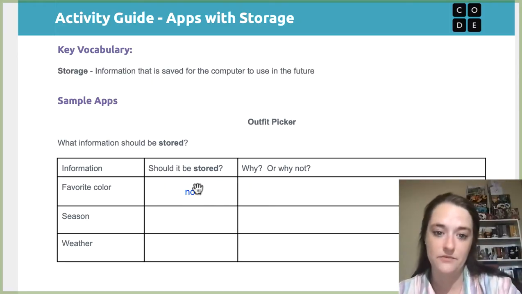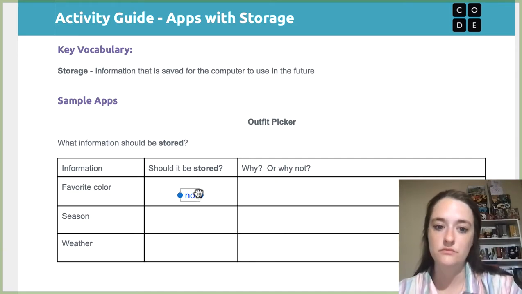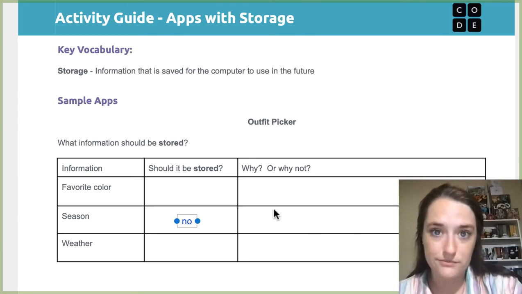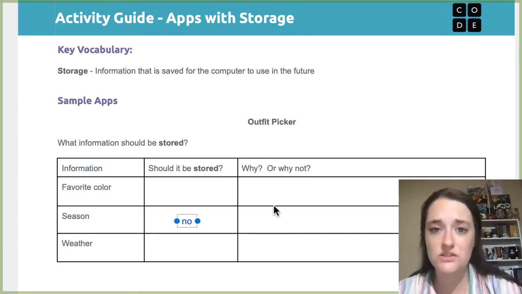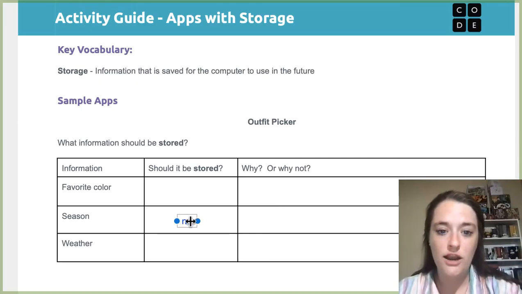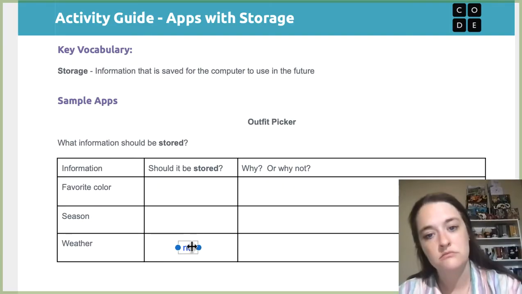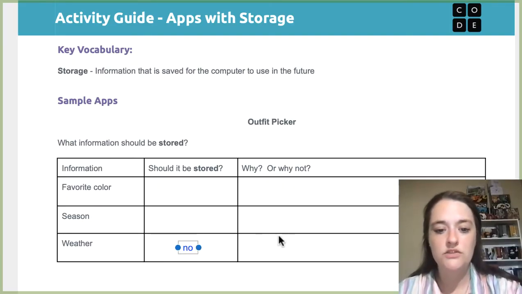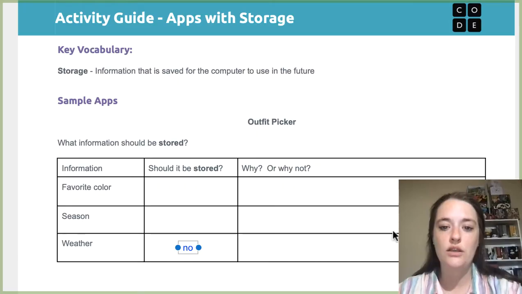Okay, that's an idea. Season. Should the season be stored? No. Why? It should not be stored because the seasons will change. All right, weather. The weather frequently changes. Okay? So the most important part is going to be your why or your why not. All right, you want to be able to support whatever it is that you think, okay?